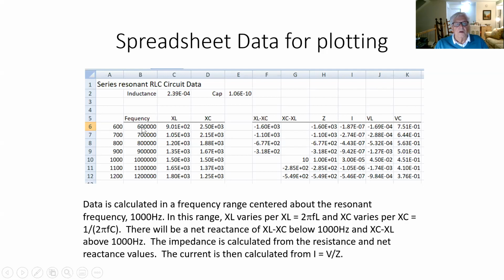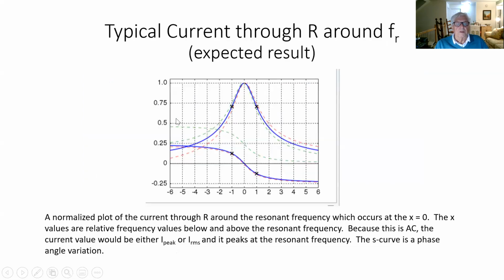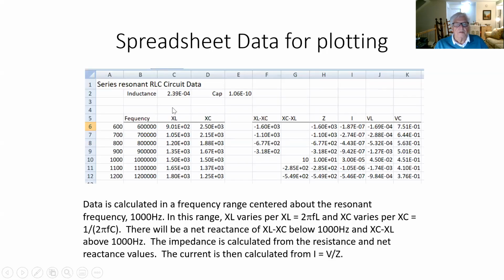Based on those, we look at the XL value and the XC value. As we get to 1,000 kilohertz, we can see that XL and XC are equal.